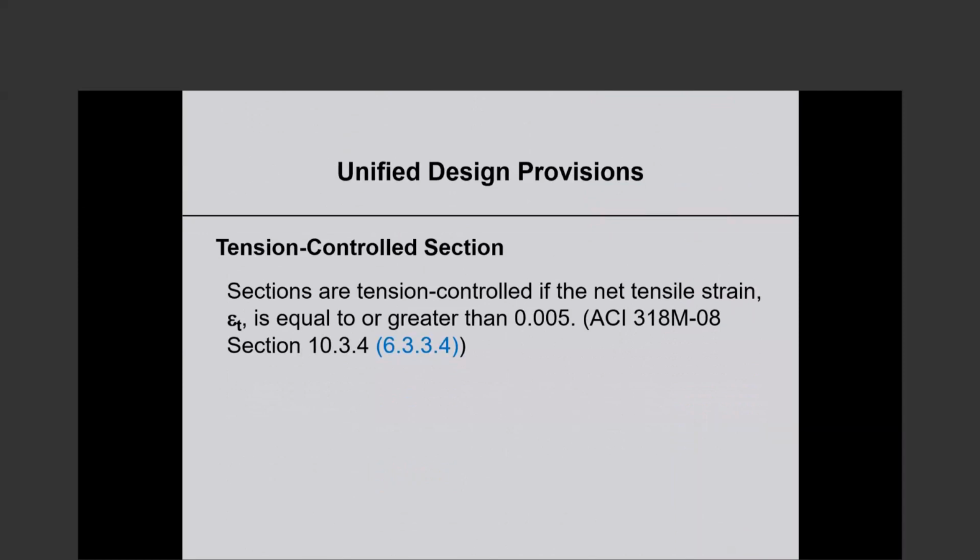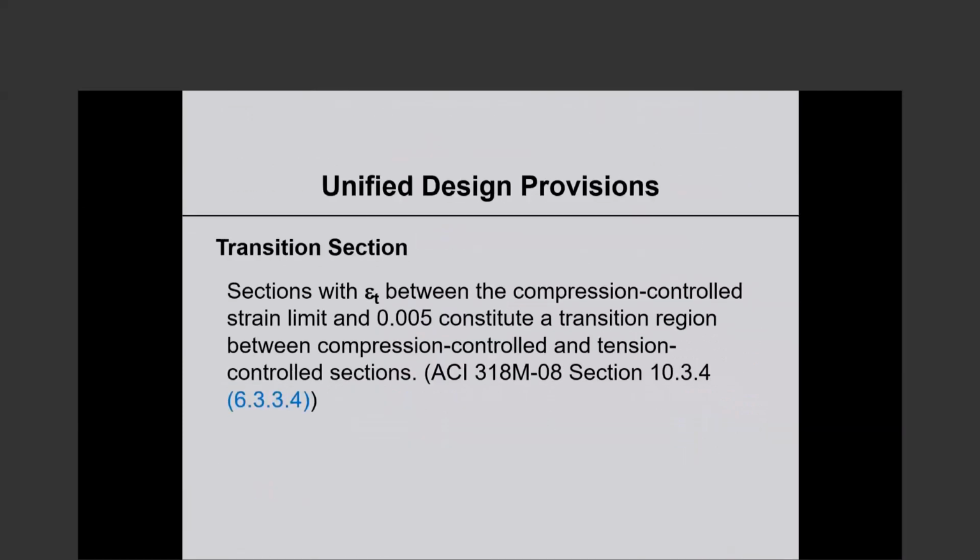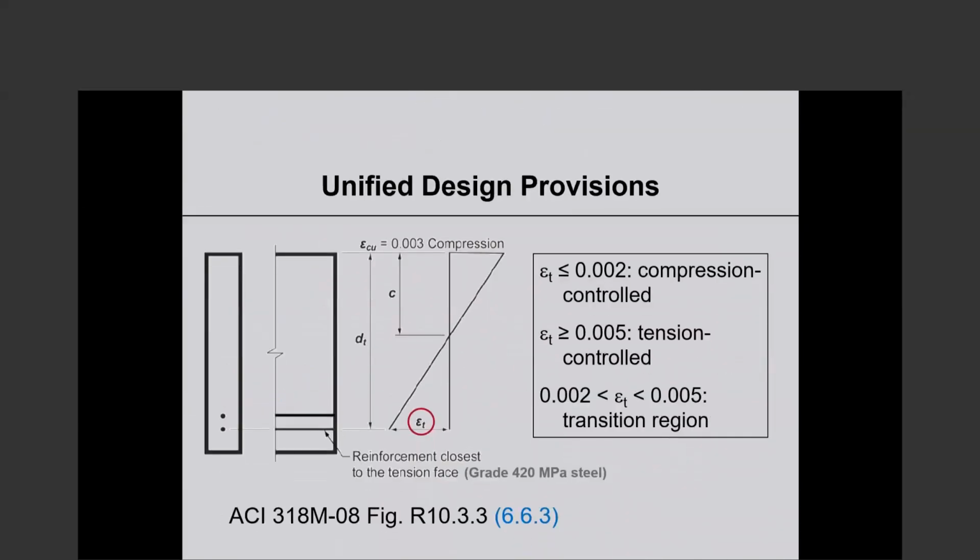If the net tensile strain is 0.005 or more, your section is tension controlled. In between, if the net tensile strain is between 0.002 and 0.005, your section is a transition section. I showed you this picture yesterday. This is a repeat, and what I'm saying is also a repeat because it is that important.